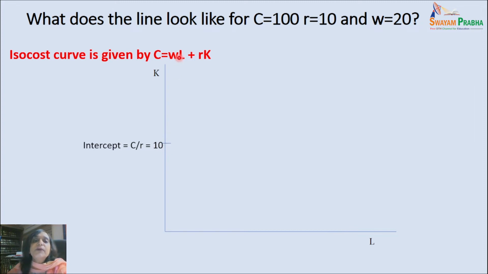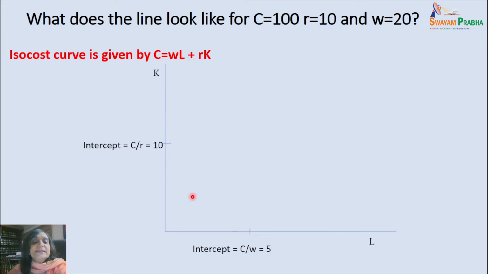Similarly, if the firm is only using labor and taking 0 units of capital, then the intercept on the x-axis will be C divided by W. It will give you the number of labor which the firm is going to hire with the given cost and the given price of labor and not using any single amount of capital.